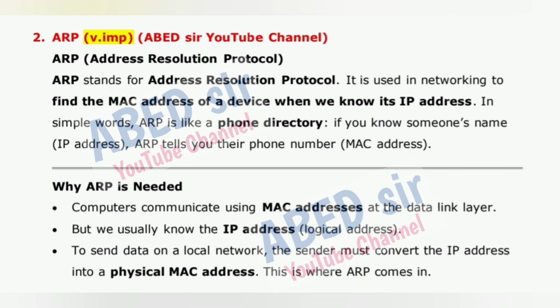Why ARP is needed? Computers communicate using MAC addresses at the data link layer. But we usually know the IP address, the logical address. To send data on a local network, the sender must convert the IP address into a physical MAC address. This is where ARP comes in.